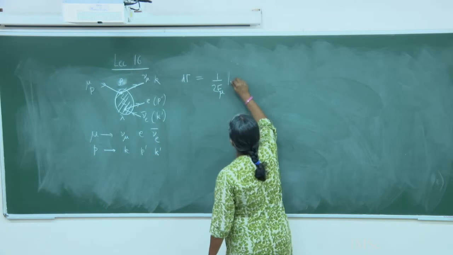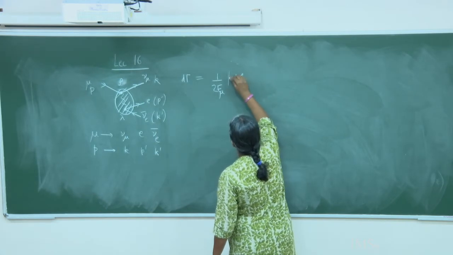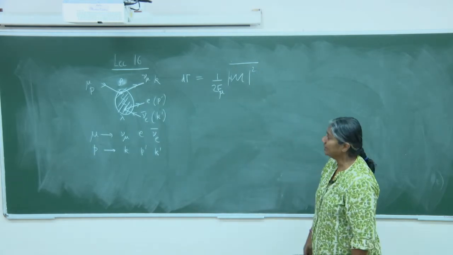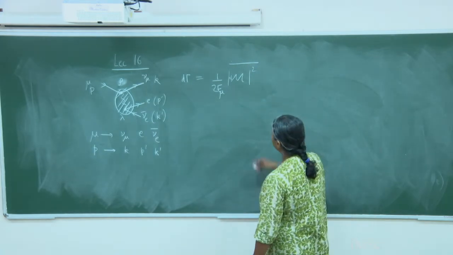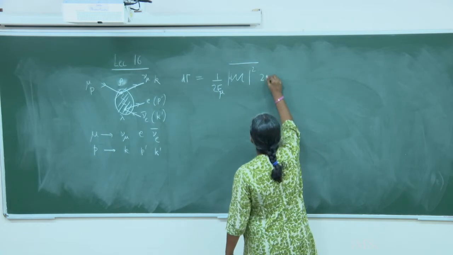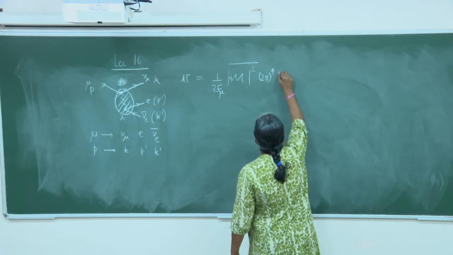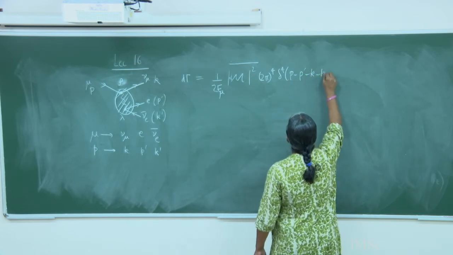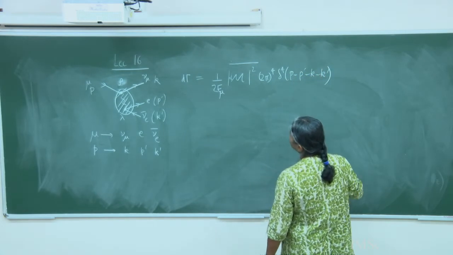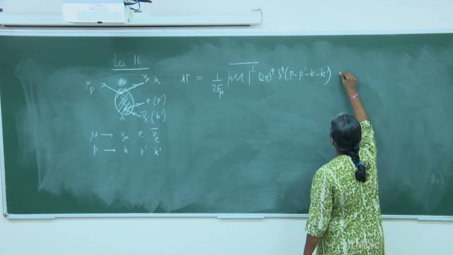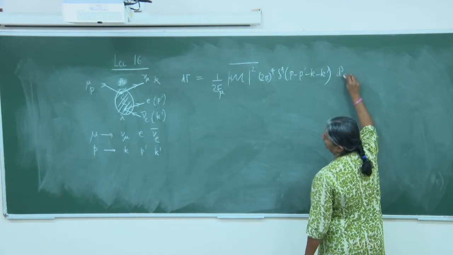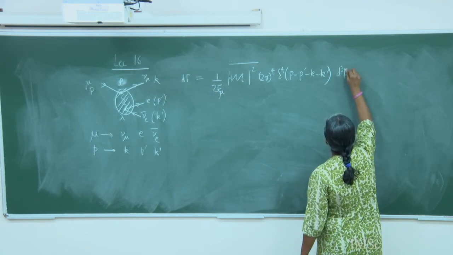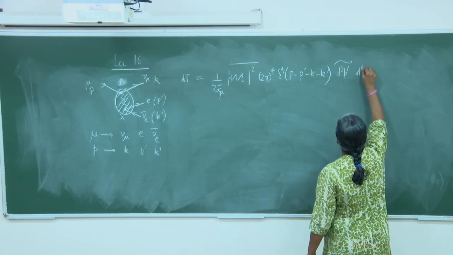Then there is a matrix element squared, with a one half factor because I have to do a spin averaging. The initial state is a fermion, and then I have to write 2 pi to the power 4 delta 4 of P minus K minus P prime minus K prime, and then I will write the d cubed P prime. I am introducing some notation now.